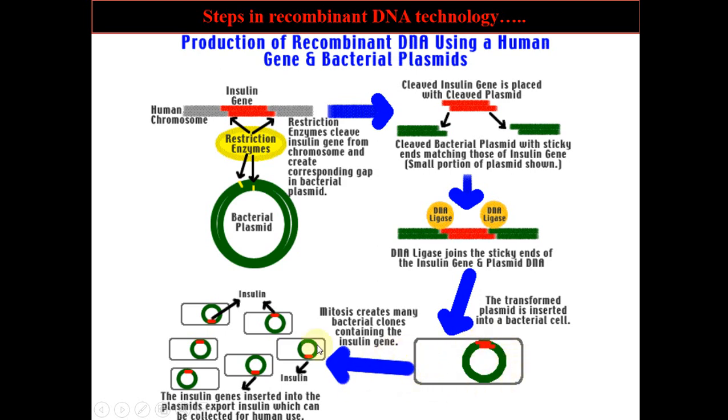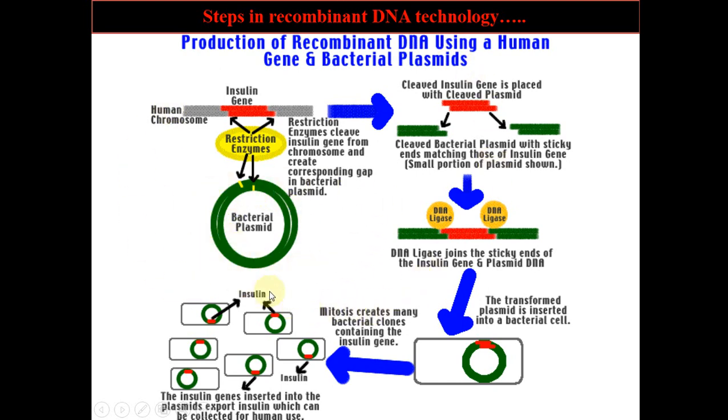The host is allowed to multiply, along with the host chromosomal DNA as well as this plasmid DNA, and your gene of interest is expressed in the form of protein, that is, insulin is produced. Then these host cells, after their growth, are lysed and insulin protein is extracted or purified from it. These are the basic steps in recombinant DNA technology.